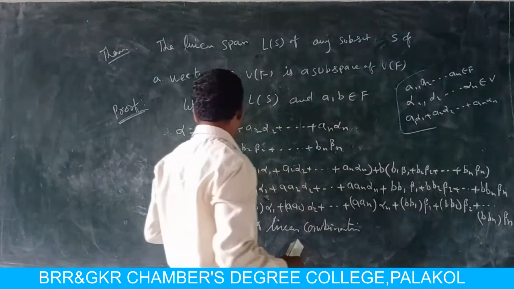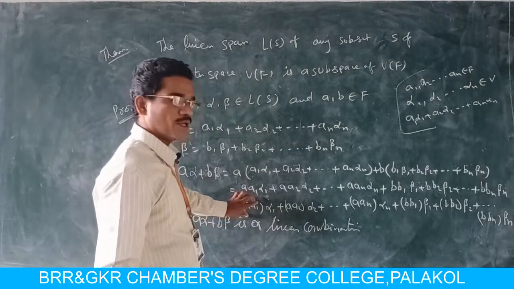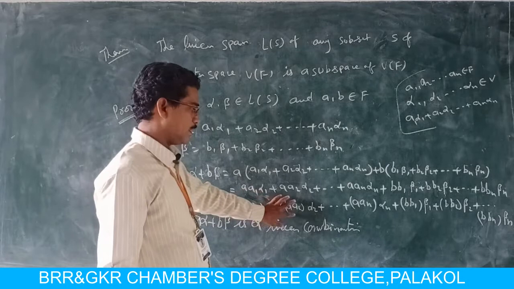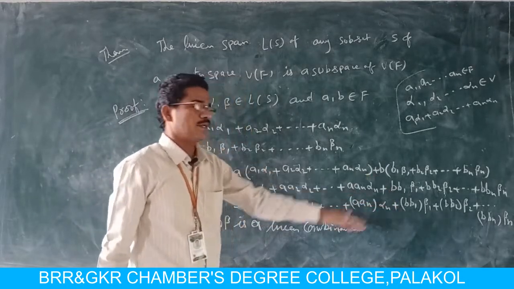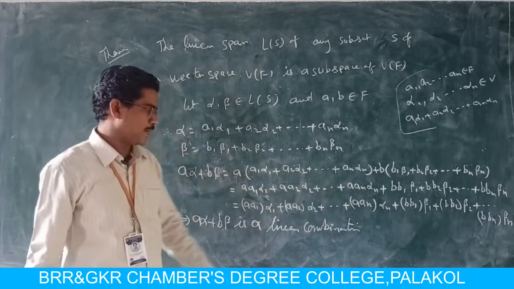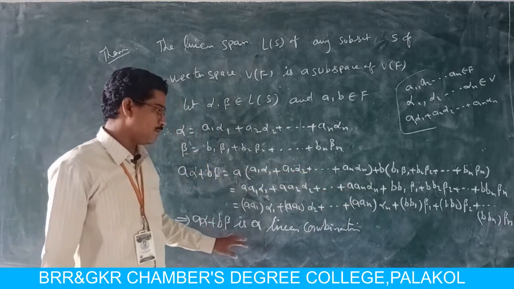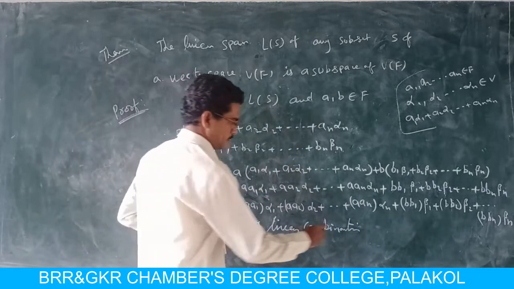Then a alpha plus b beta equals some scalar a1 into alpha 1 plus a2 into alpha 2 so on plus an alpha n, and b1 into beta 1 plus b2 into beta 2 so on plus bn into beta n. Then a alpha plus b beta is a linear combination of a finite set.